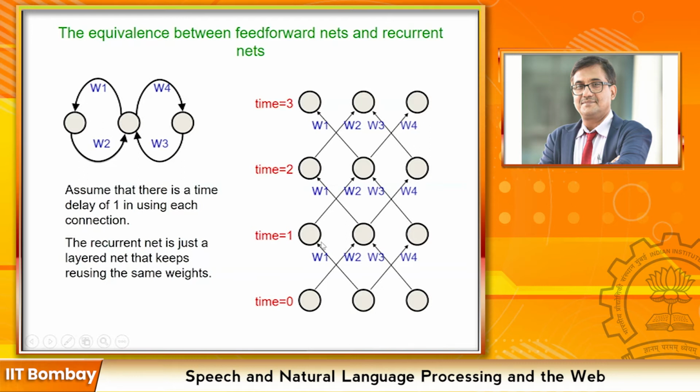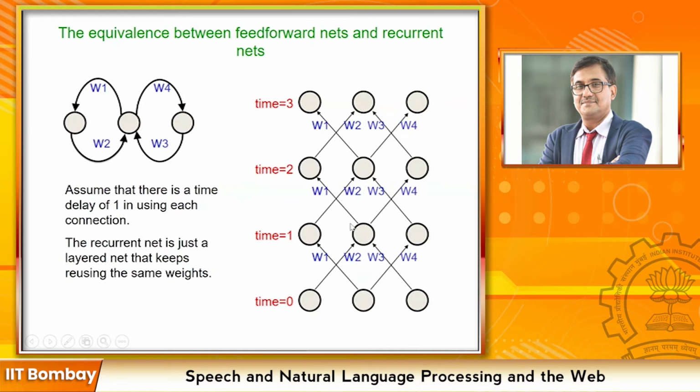So how did the network become feed-forward? Because you are able to replicate the same set of neurons in the next time step. And how come there is no feedback connection from neuron to neuron? That has been absorbed by this way of unfolding.